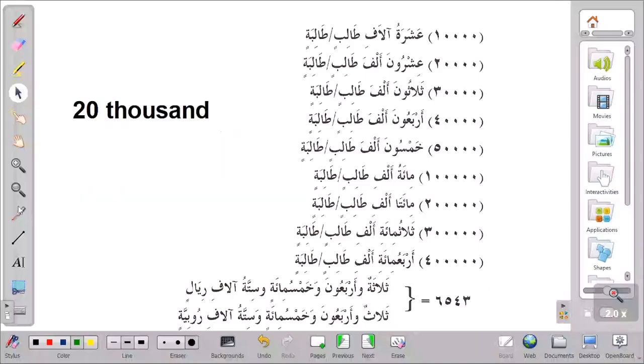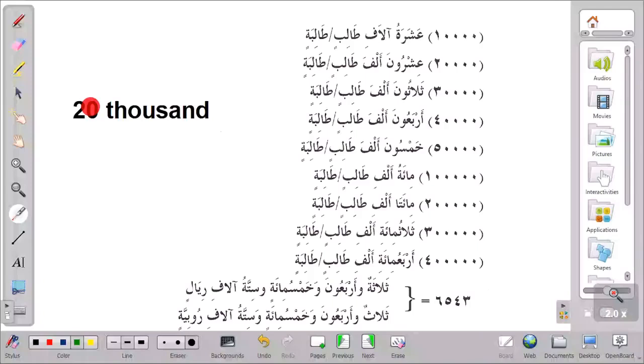So if I have this 20,000, you can remember we said that numbers from 11 to 99 have a different conjugation. 3 to 9 is different. Then 10, 11, 12, they have a different way. Then 11 to 99, they also have a different pattern. We have looked at it at the beginning part of this lesson.